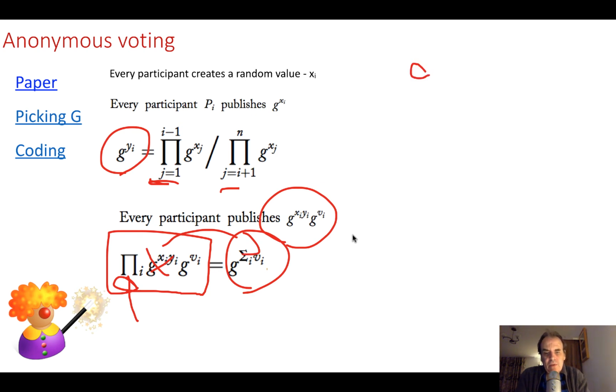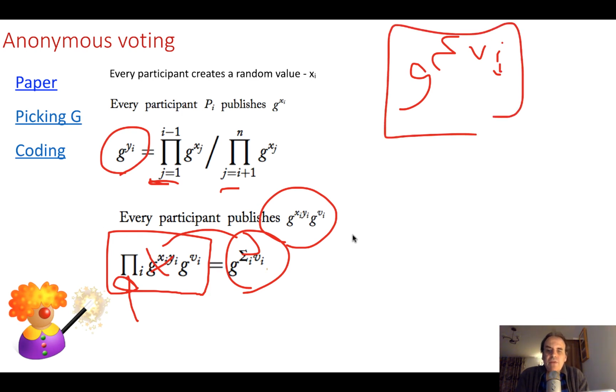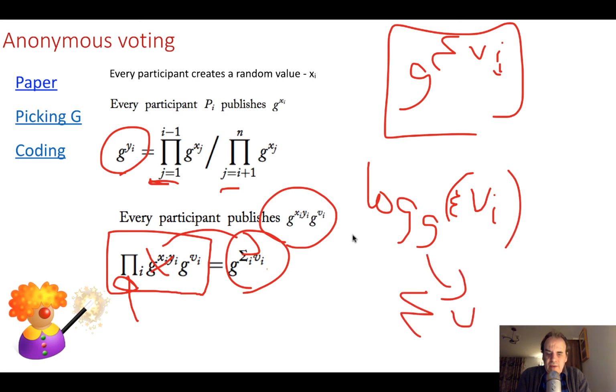So we have g to the summation of all the votes that were cast. All we have to do now is do a discrete logarithm, or we can do a search if it's a very large value. So we can do an inverse log of g of vi, and we'll determine what the number of votes cast are.